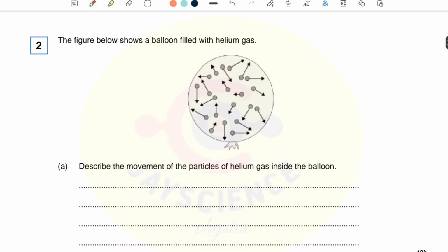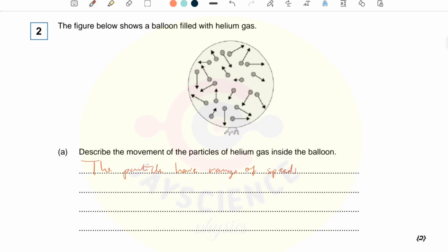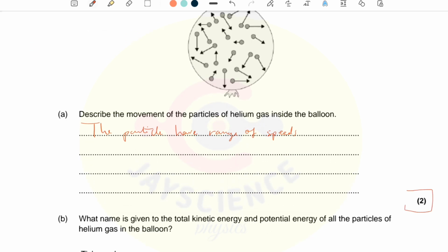Now, one of the main things we can see here for the movement of the particles is that the particles have a range of speeds. So they're not all moving at the same constant speed. It varies. But the moving is the major thing. They're always moving. And as you can see, it's a 2-mark question, so you expect to talk about 2 valid things here.